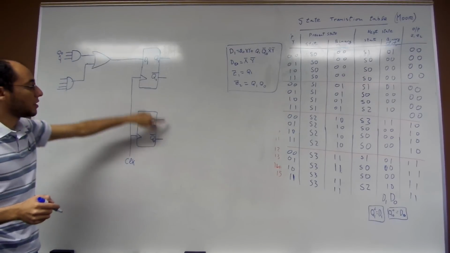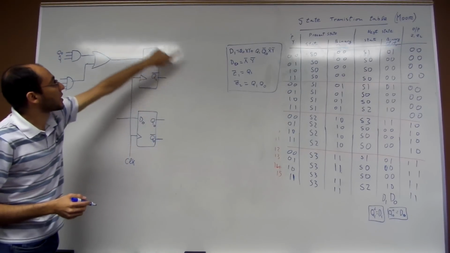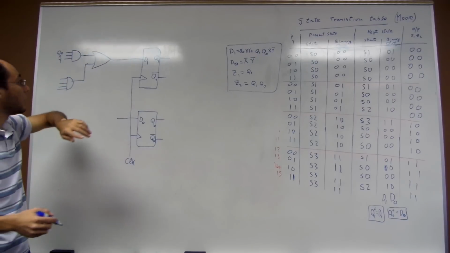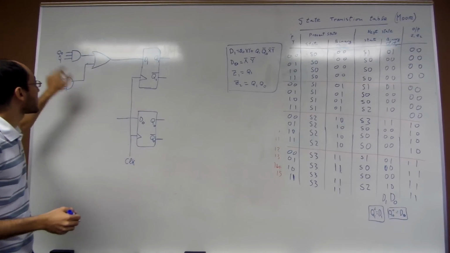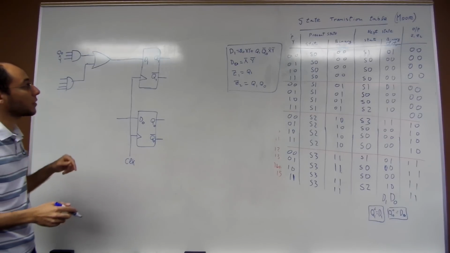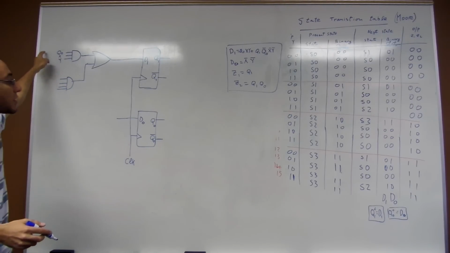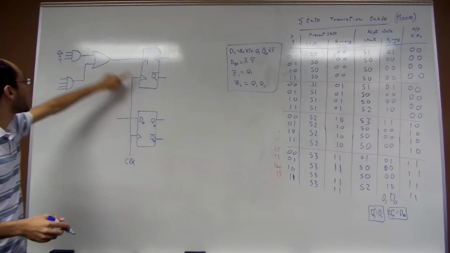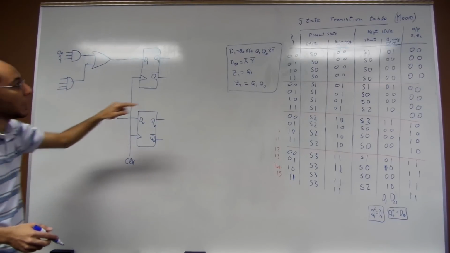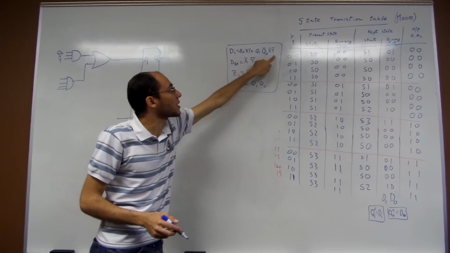It is this Q0. But instead of making a huge mess with wires jumping all over the circuit, I prefer that you write it down as Q0. It is implicitly understood that this Q0 is connected to that Q0. And the second one is Q1, Q0 bar, X bar, Y bar.